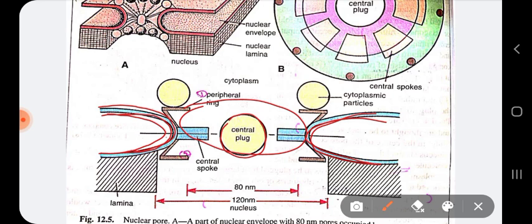So amphibians contain a much higher amount of nuclear pores compared to mammals, which contain only 5 to 15%. And the number of pores in the nuclear envelope correlates with the transcriptional activity of the cell, actually.